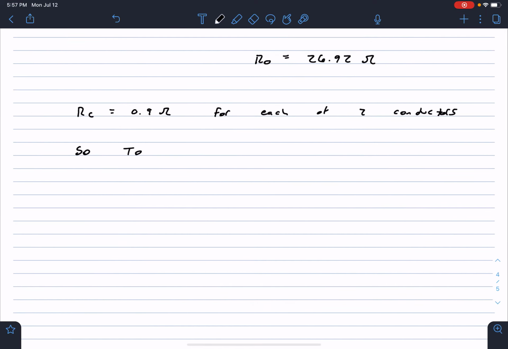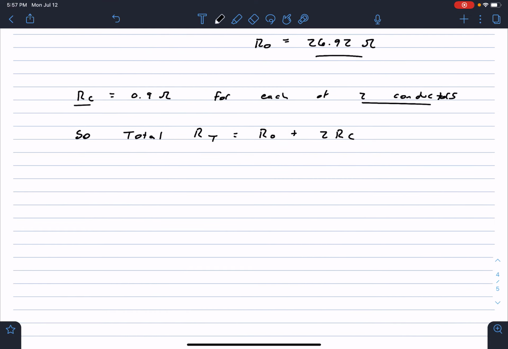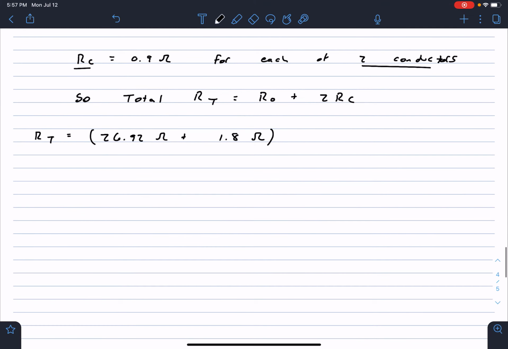So the total resistance for the whole system is equal to R naught, which we have up here, plus 2 times R_C, because we have two conductors in the cable. So then, what does that give us? It gives us 26.92 ohms plus 2, we'll just say 1.8 ohms. That's our total resistance. Okay, good.